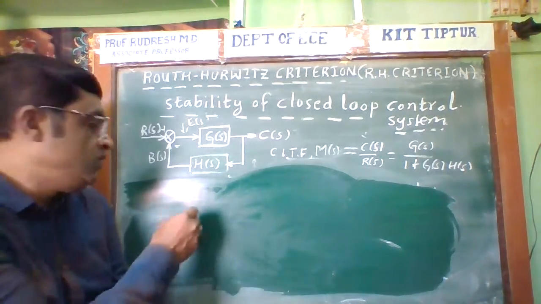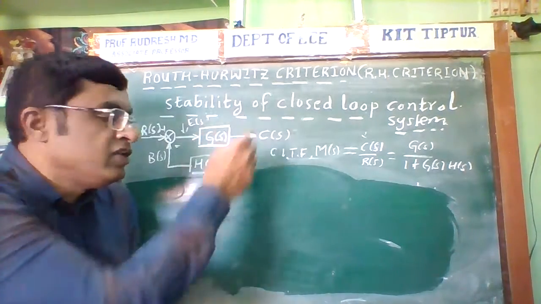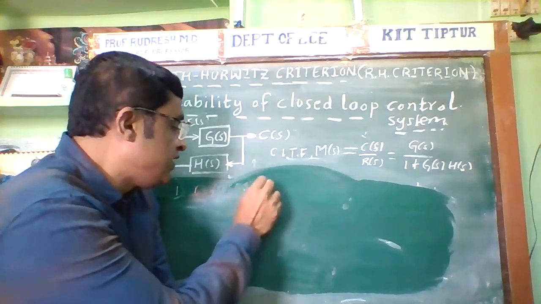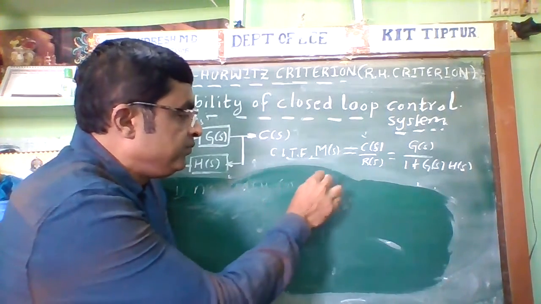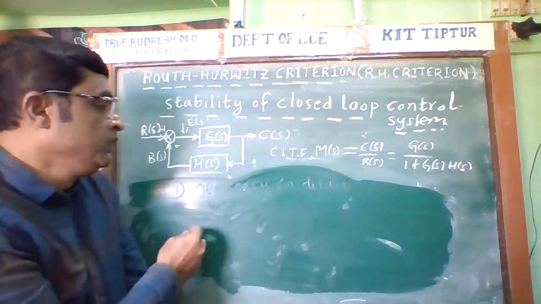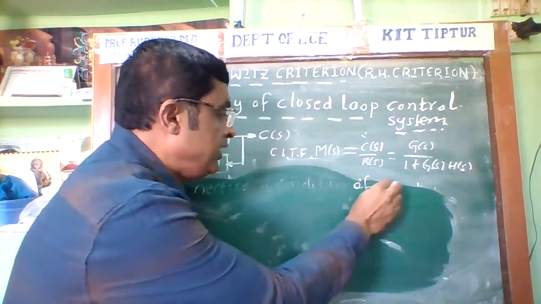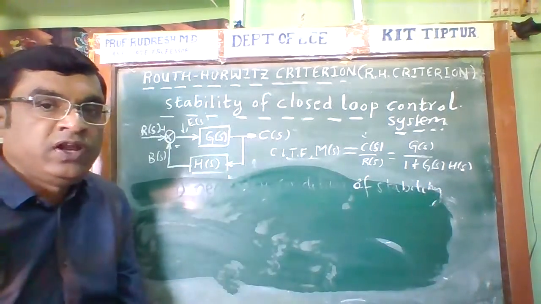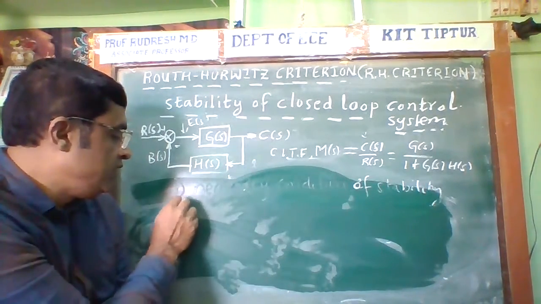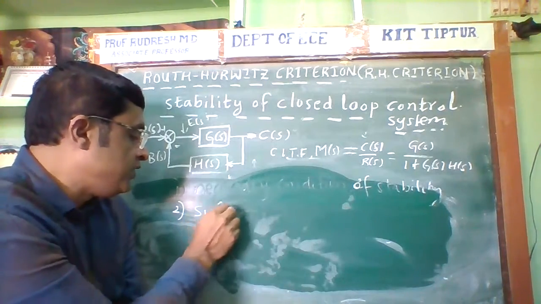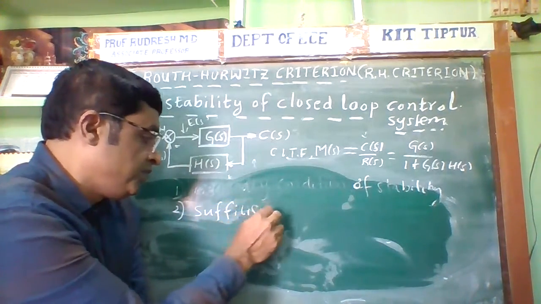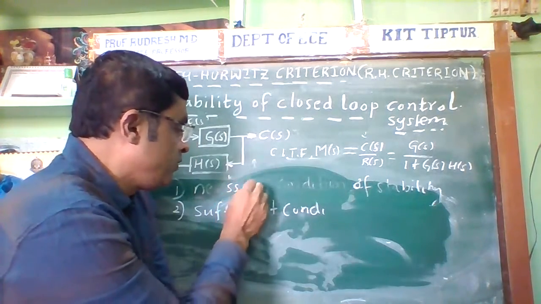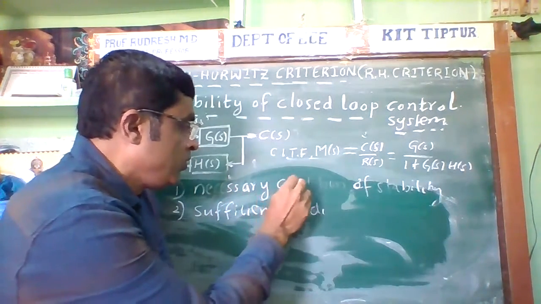In order to verify the system stability by using the RH criteria, we need to verify the necessary condition of stability, and second, the sufficient condition of stability.